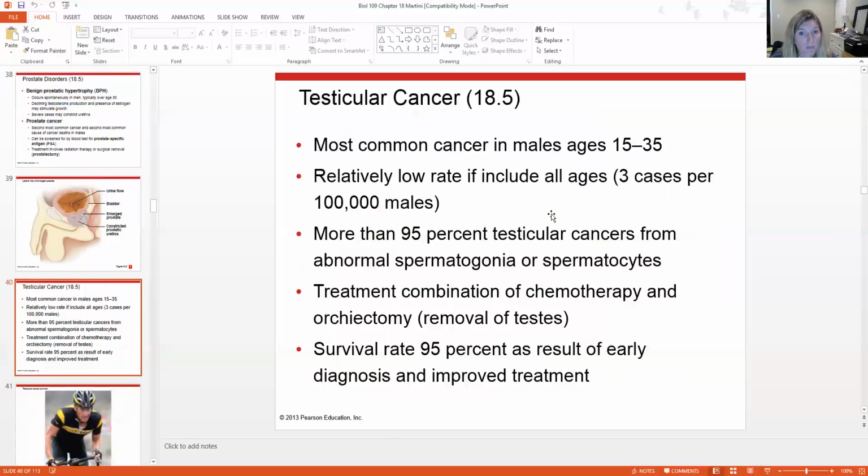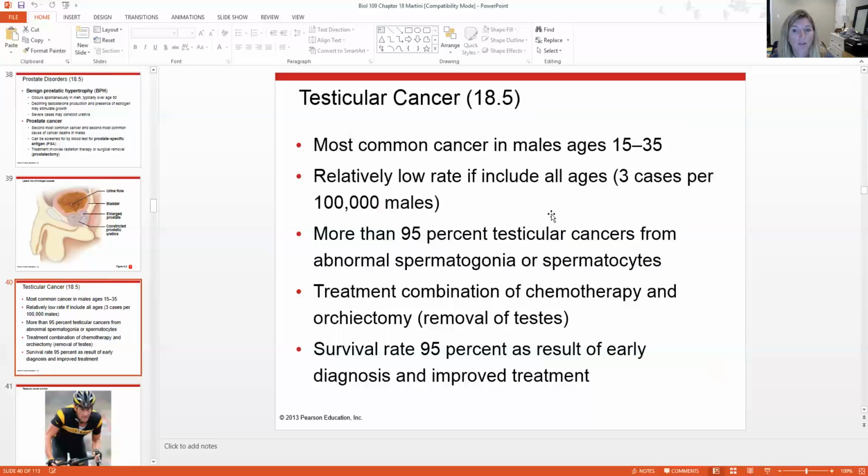Testicular cancer is the most common cancer in males ages 15 to 35, which is fairly young, so make sure you're checking them out. It has a relatively low rate across males of all ages, roughly 3 cases per 100,000 males. So it's still fairly low in occurrence.